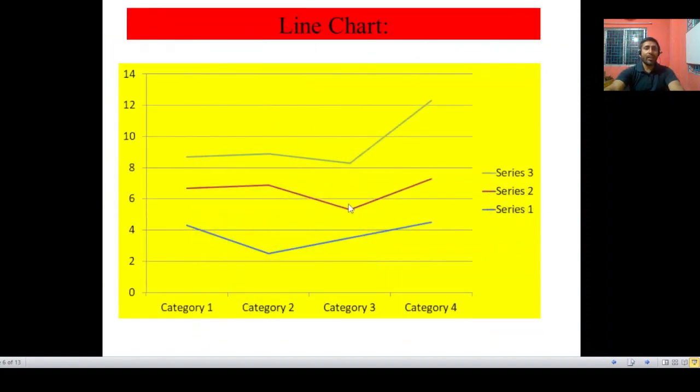And next one we can see line chart, and we can see here vertically the number of information, and horizontally we can see the category in the information: category 1, category 2, category 3, category 4, and series 1, series 2, series 3. And this is a fine example of a line chart.